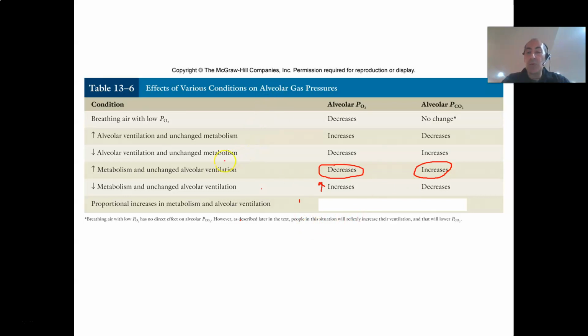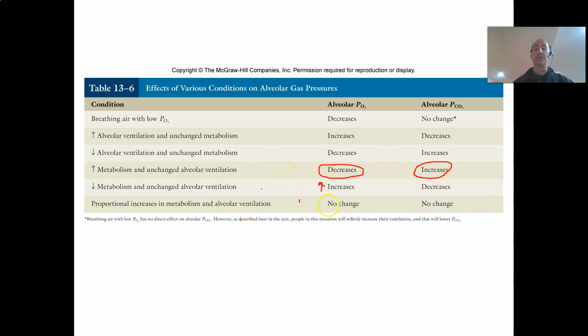Finally, you get a proportional increase in metabolism and alveolar ventilation. Think about the example I gave you earlier, where somebody is exercising up to 60% of their VO2 max. Think about it for a moment.